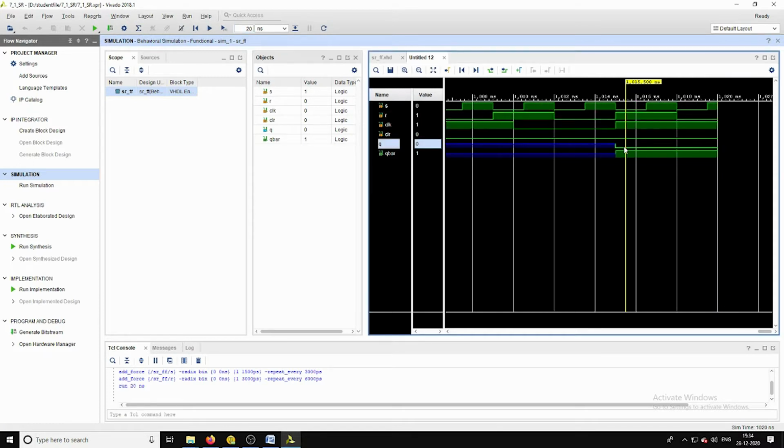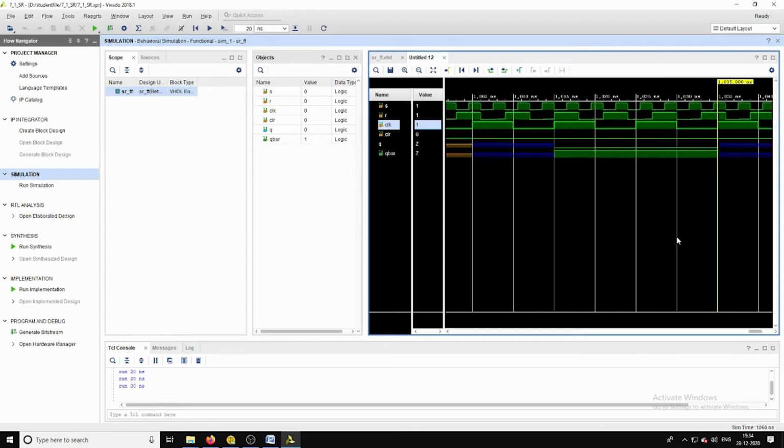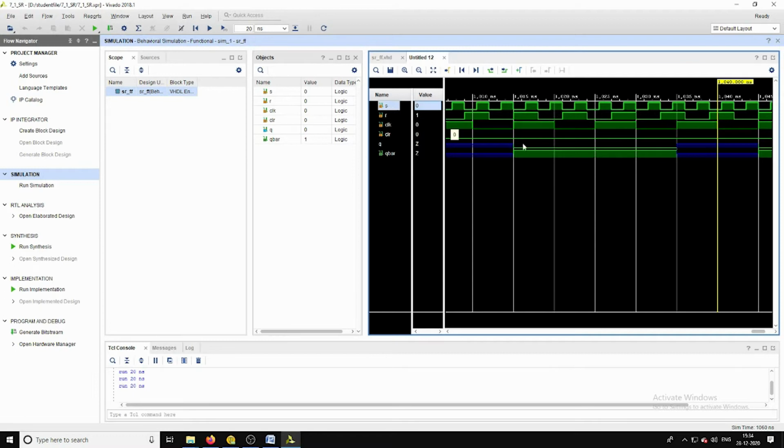see, for this particular case, always the clear is assigned as 0, and whenever this particular clock event occurs, the transitions happen. See, because of this, the two states are high and high for the S and R, we are getting this high impedance state.